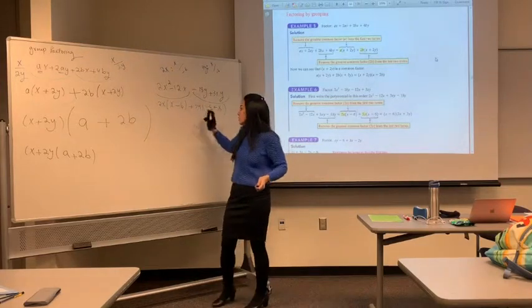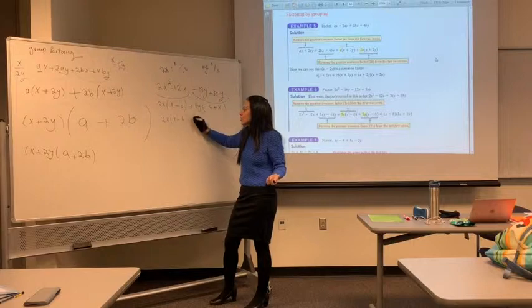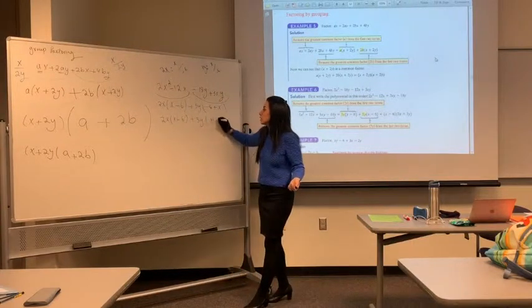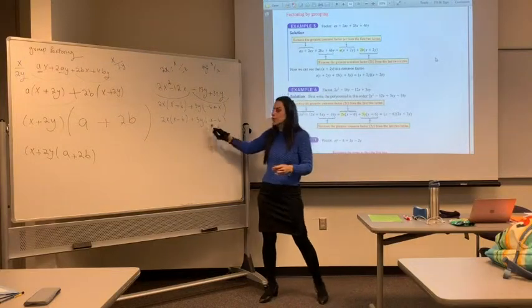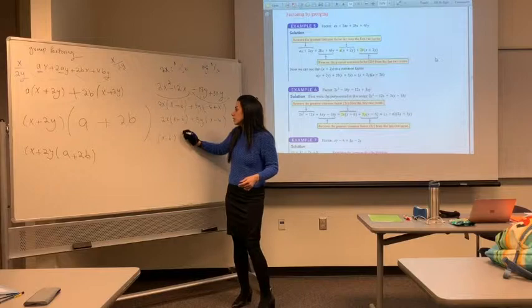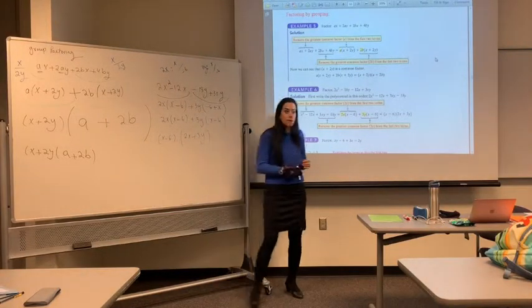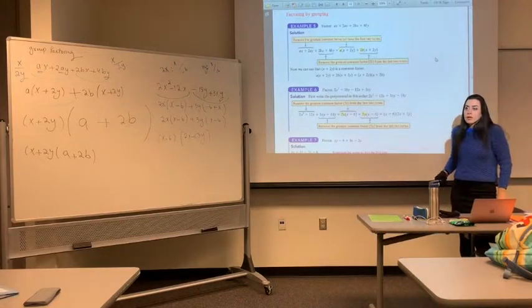If you want to be so precise and perfect, you will write it down this way. And now you can see these two are exactly the same. So now we bring out this and get the same result.